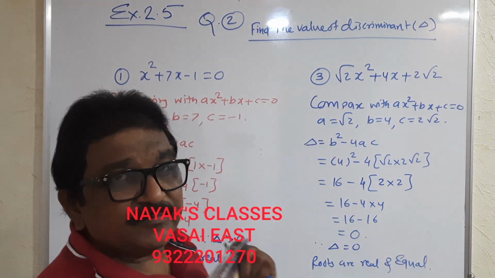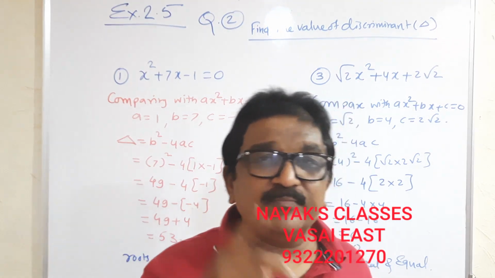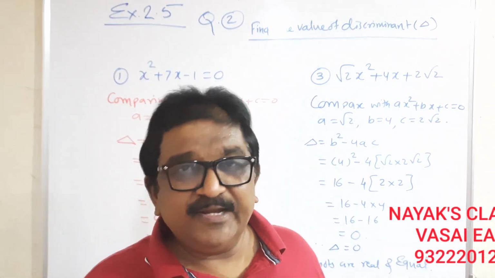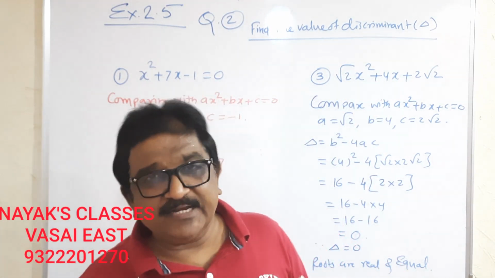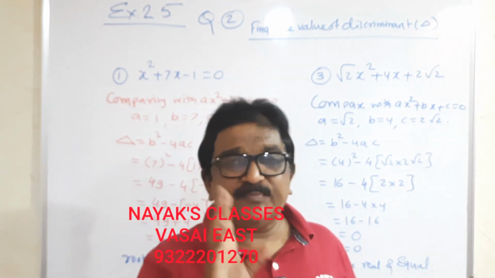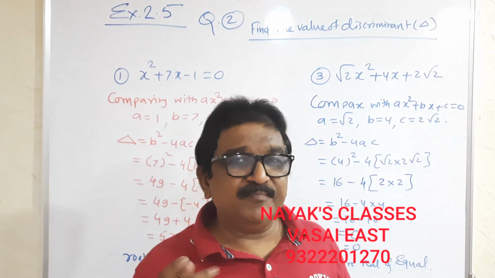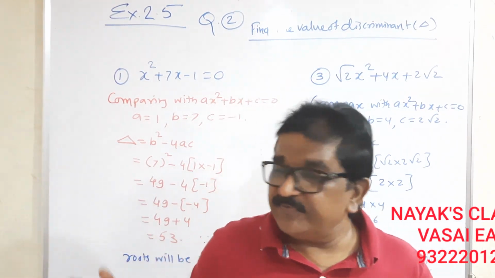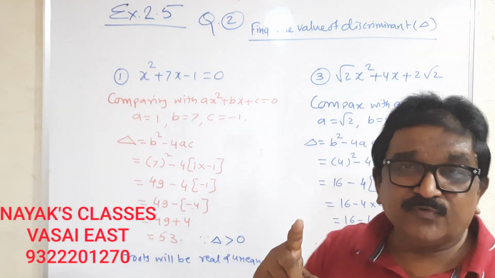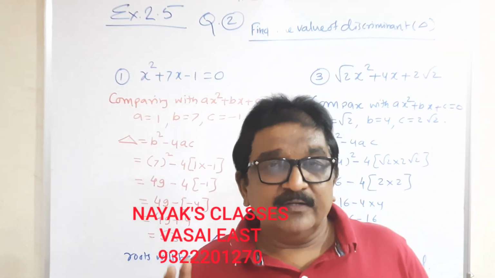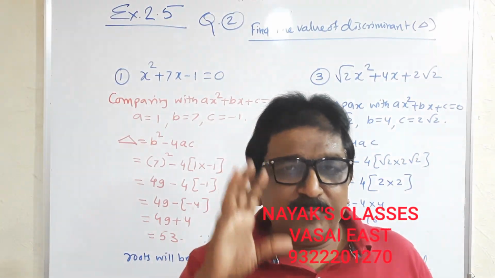Depending on these examples, you can solve question number 3. If you have got any doubts, you please ask me on WhatsApp. I will solve them immediately. So this finishes question number 2, and 3 is for homework. Same, finding the value of delta.